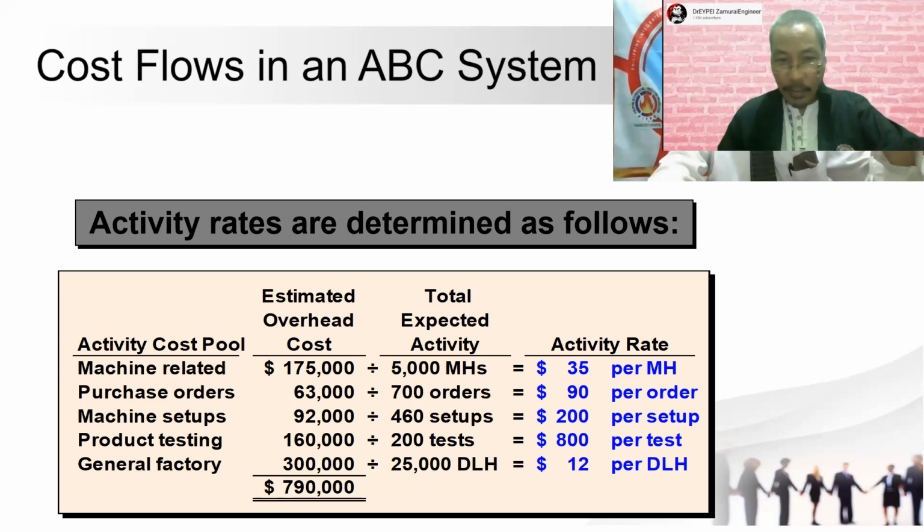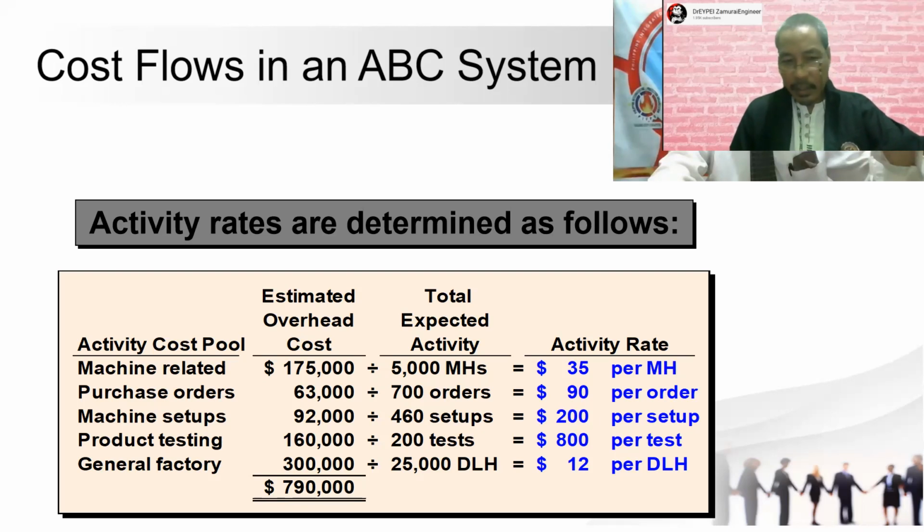For the second line, we have what? 63,000 divided by 700. That is equal to $90 per order. Okay. How about machine setup? How much per setup? 460. So 92,000 divided by 460. That is $200 per setup. Okay.